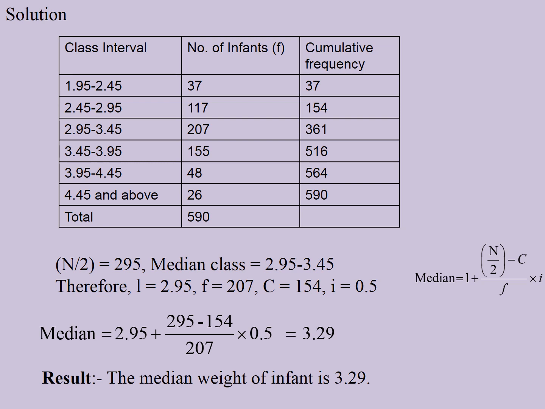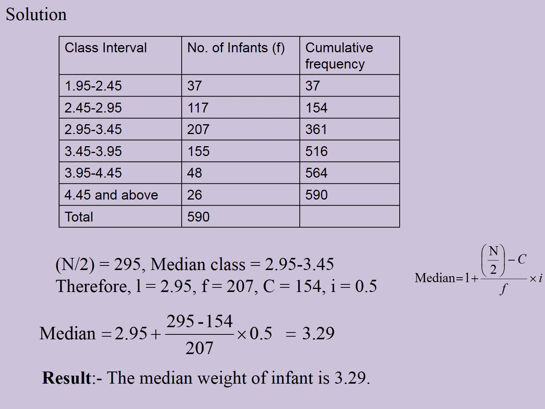Now again write down the formula which I showed you in the previous slide. Here n stands for the summation of f. So here the summation of f is 590. So 590 divided by 2 is equal to 295. Clear?